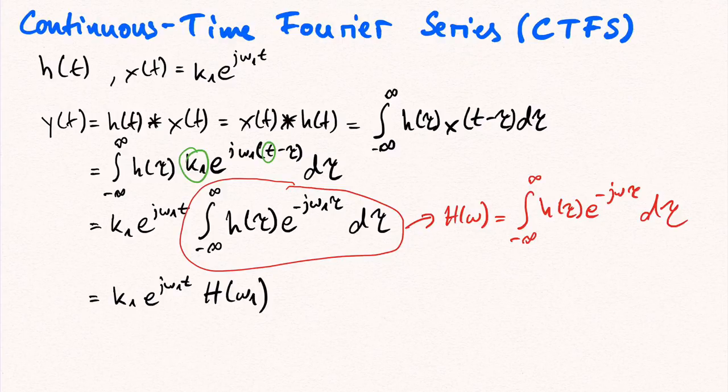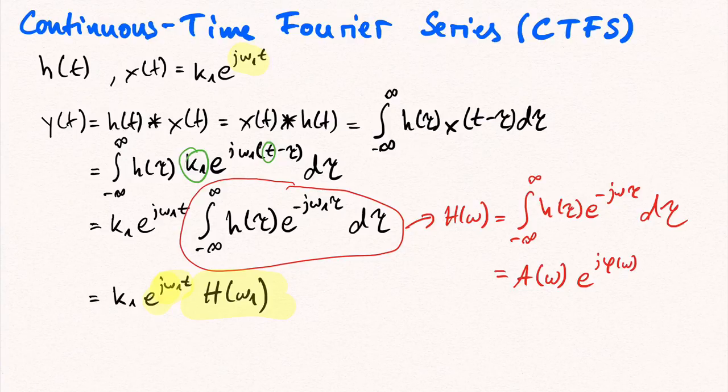Then we see that when applying an input that's a complex exponential with frequency omega 1, the output is also a complex exponential with frequency omega 1, which is multiplied by the complex number H of omega 1. To understand better what this means, let's write the complex number H of omega in its polar form, where we have the magnitude, which we call A, which is a function of omega, and the angle phi, which is also a function of omega.